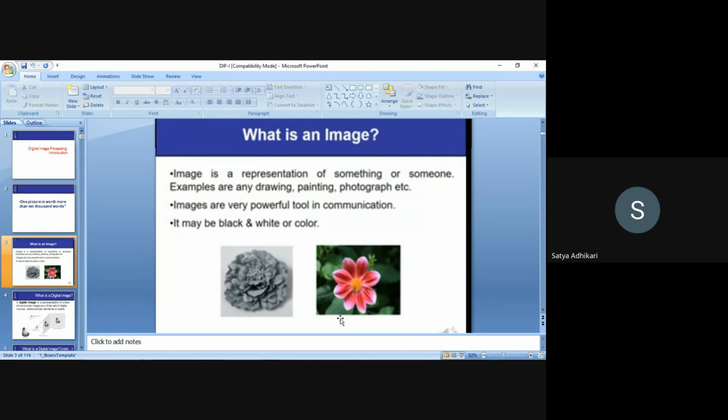An image may be black and white, containing two colors, or any other colors. The basic components are RGB, red, green and blue, and different ratios of RGB are combined to form millions of colors. So an image can consist of only black and white, or any other colors.